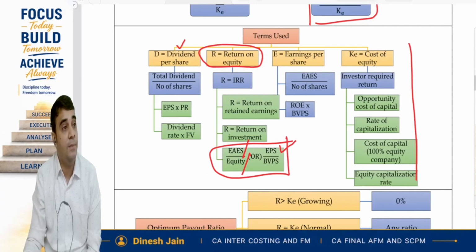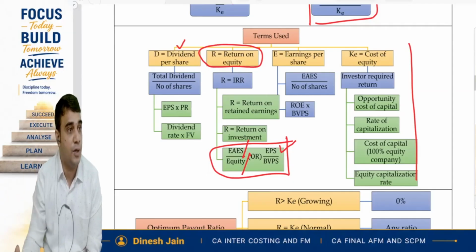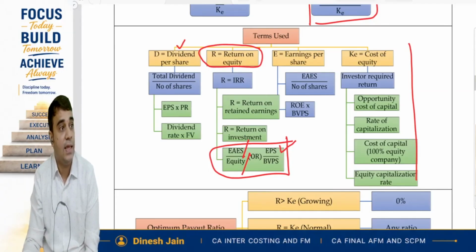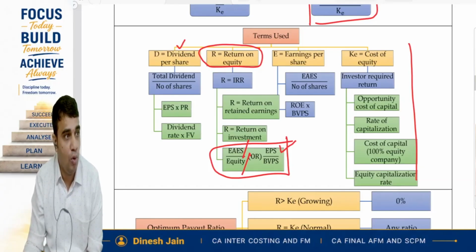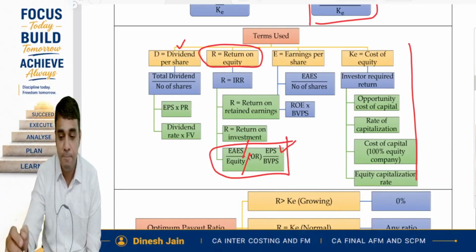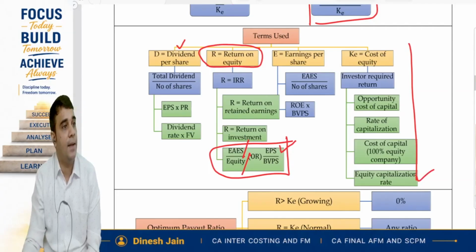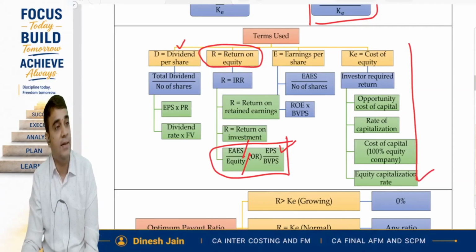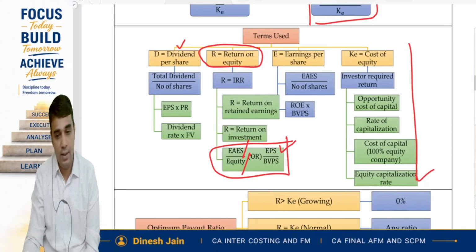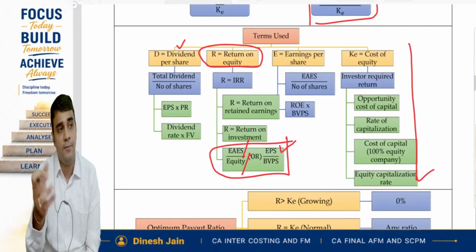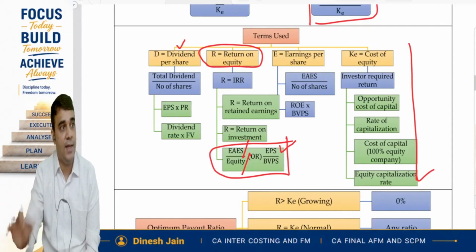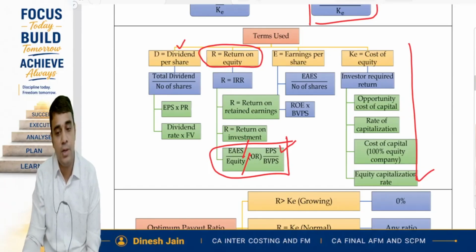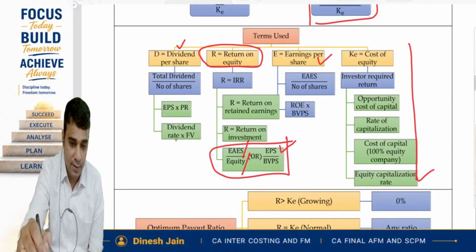A 100% equity company means cost of capital is also cost of equity, so KO equals KE, or equity capitalization rate. If any different name comes, we may add it to the list, but this I have taken from different questions.